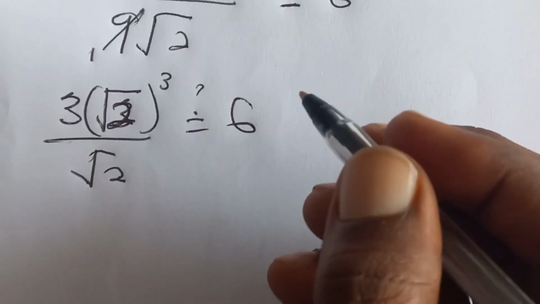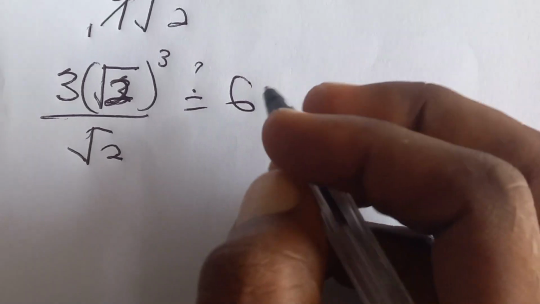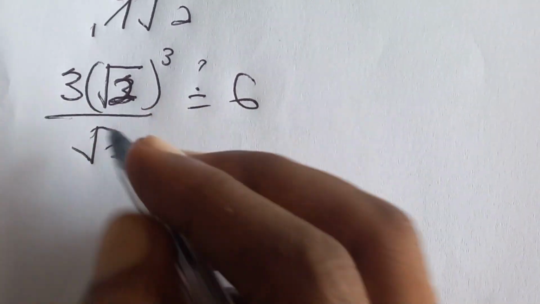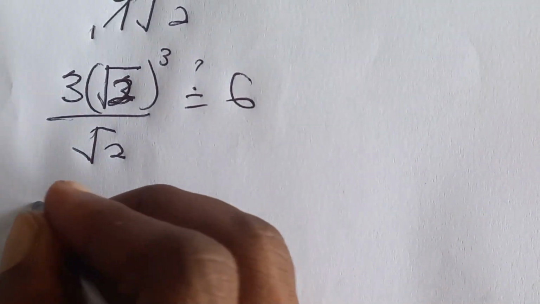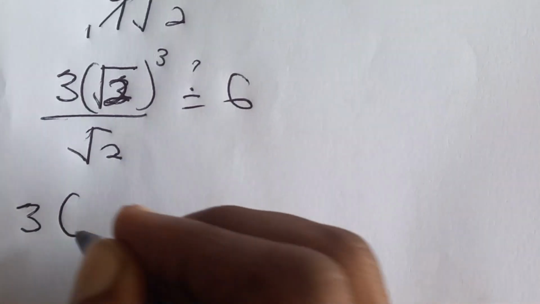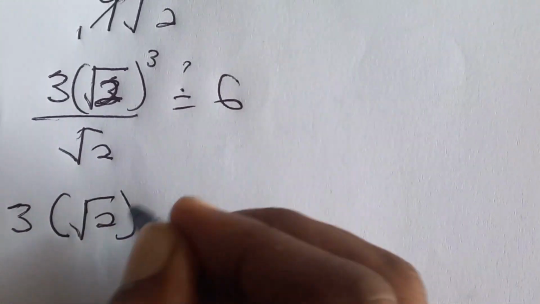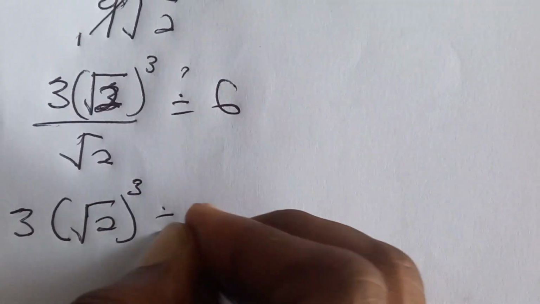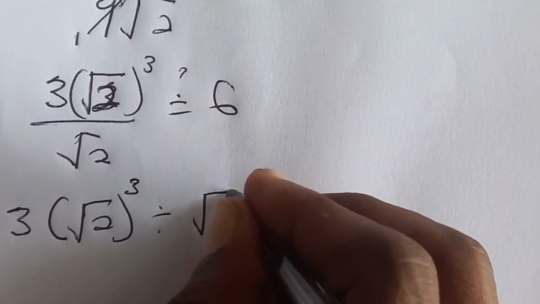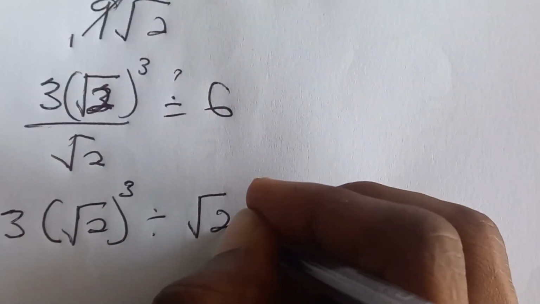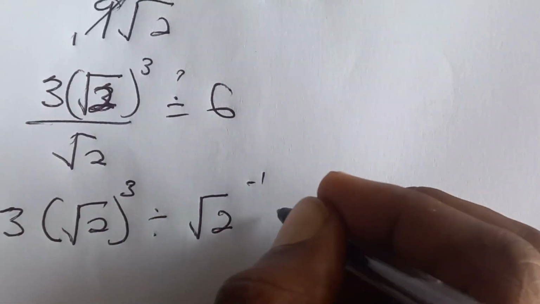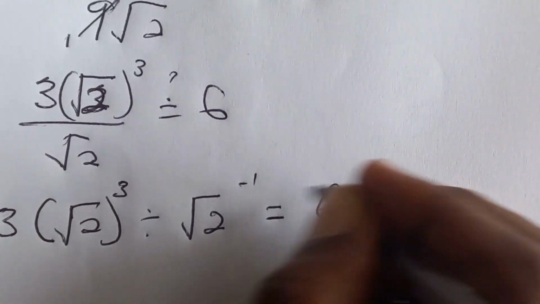So now you can say that this is 3 into brackets root 2 exponent 3 divided by root 2 exponent 1, which should be equal to 6.